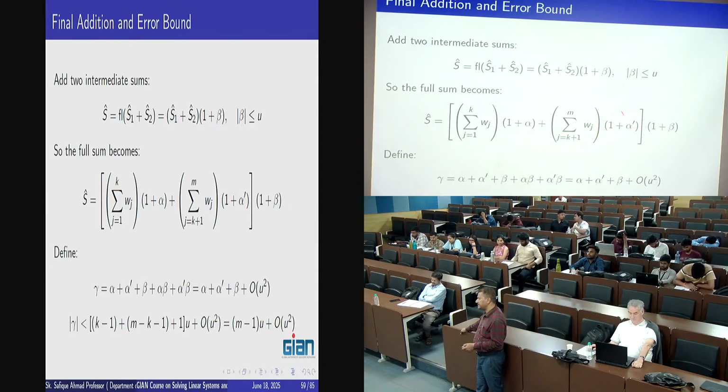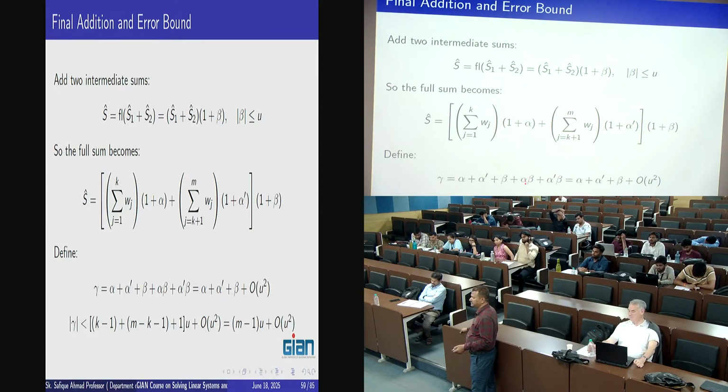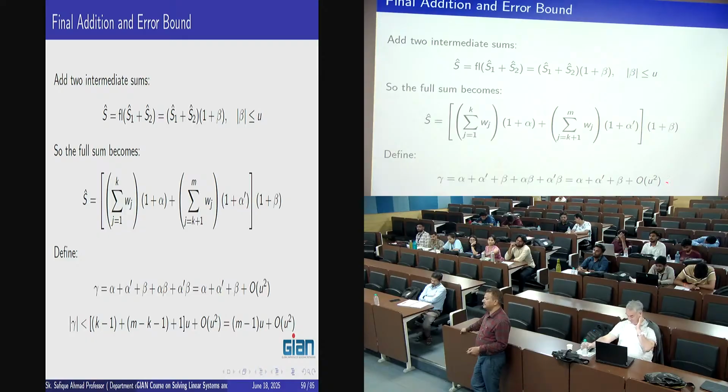The epsilon dash terms are about the unit round off error. This is of order u square, and this is also of order u square. So alpha plus alpha dash plus beta, errors alpha dash and beta are also unit round off, so its multiplication is of order unit round off squared. Now this gamma 1 is nothing but k minus 1 plus m minus k minus 1.